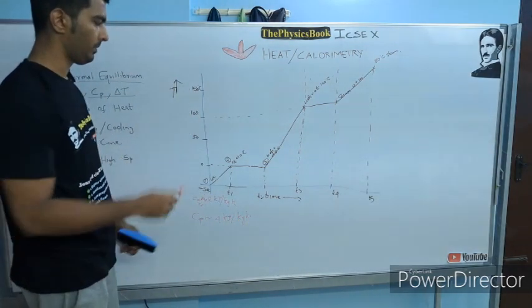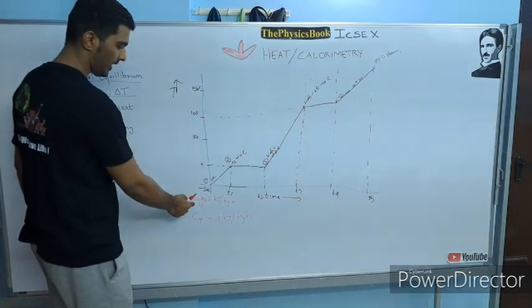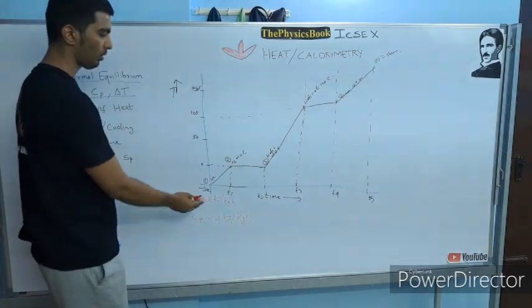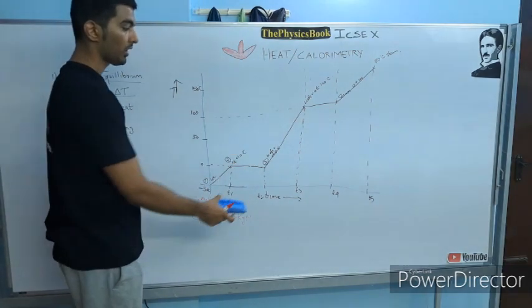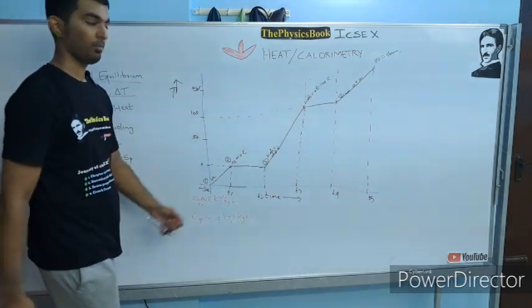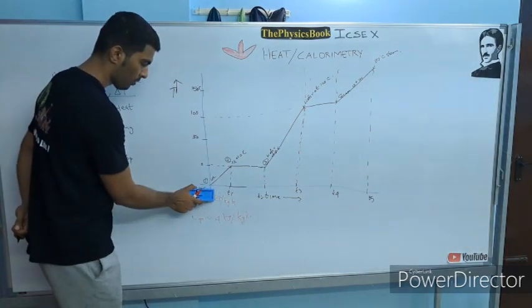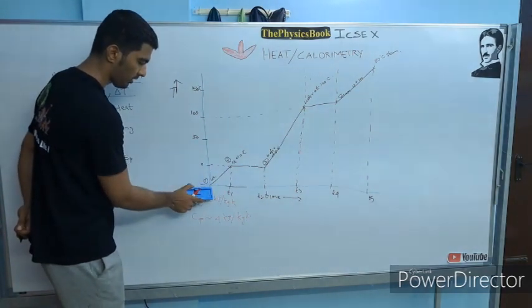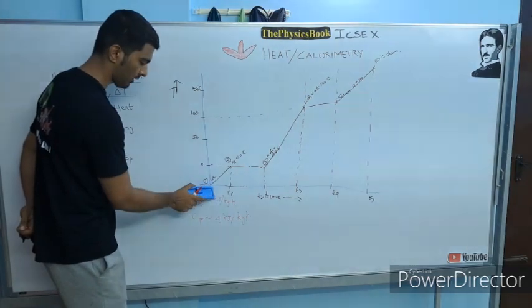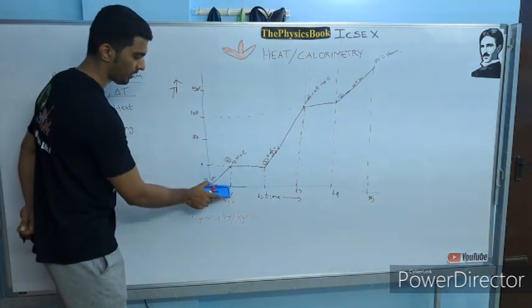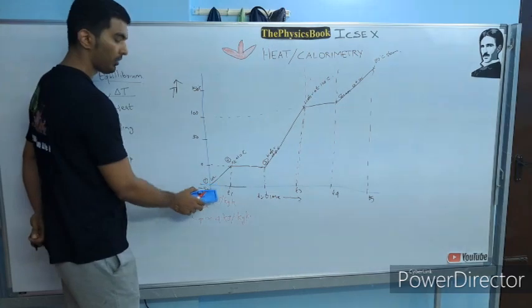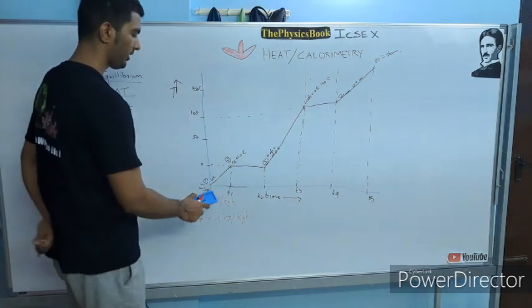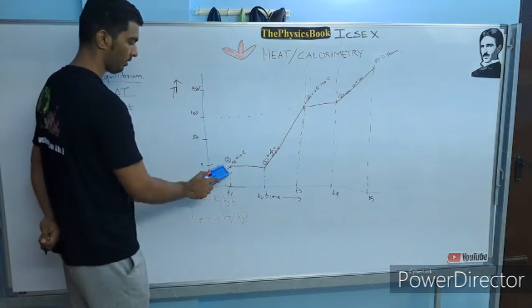So what does this mean? This means ice will take only less heat to rise its temperature, but water will take in more heat to rise its temperature. So as we move through time, for example, take minus 50 degrees Celsius and leave for 1 hour. Let's assume it is taking X kilojoules of heat to rise its temperature.